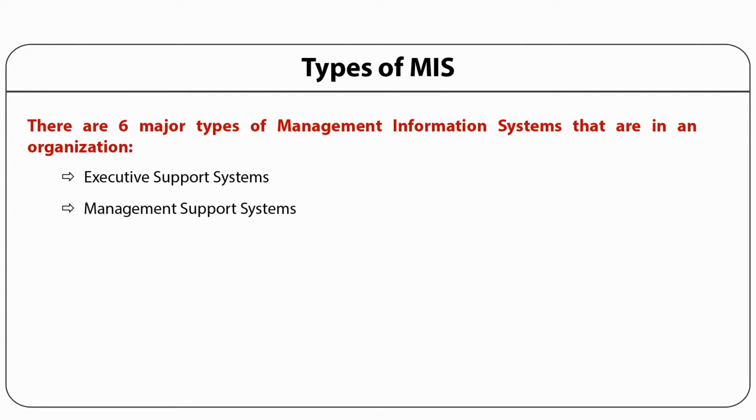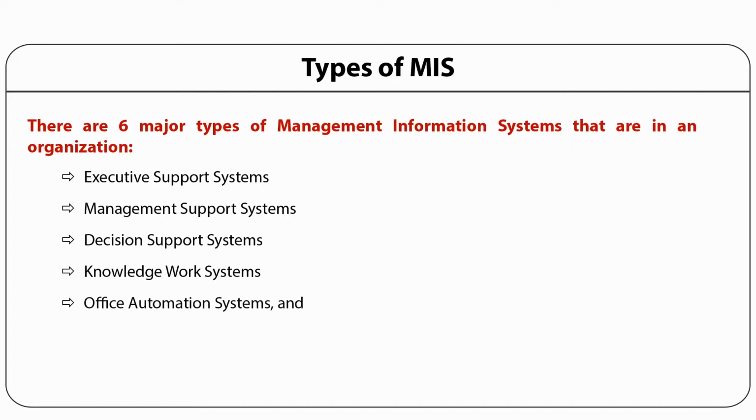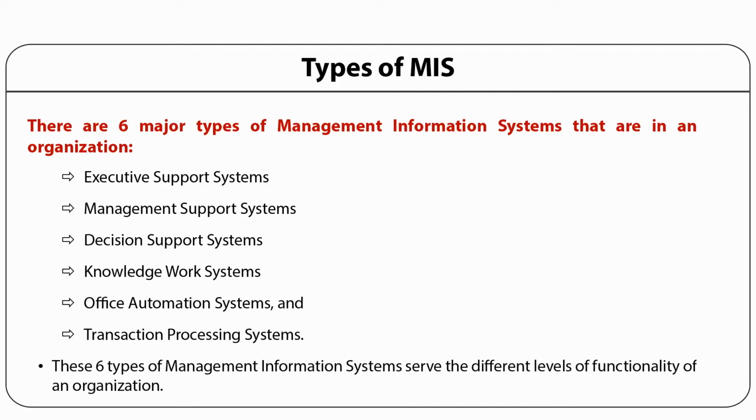Secondly, management support systems. Thirdly, decision support systems. Fourthly, knowledge work systems. Fifthly, office automation systems. And sixthly, transaction processing systems. These 6 types of management information systems serve the different levels of functionality in an organization.